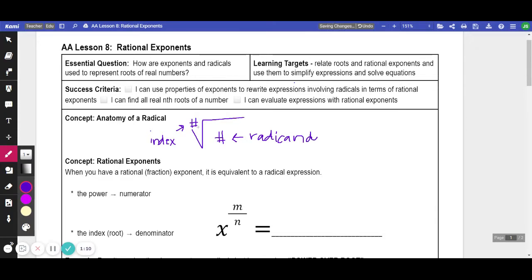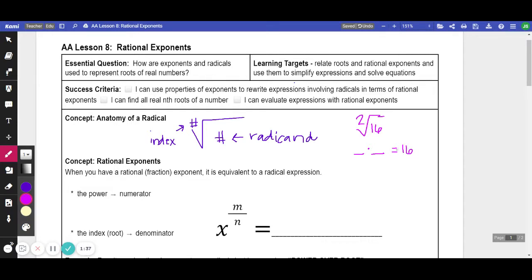So this root number tells you how many times you have to multiply something to get the number inside. For example, if we have the square root, or the second root, of 16, that is asking, what number do I multiply 2 times? This tells you how many times you multiply a number, and then it has to equal 16.